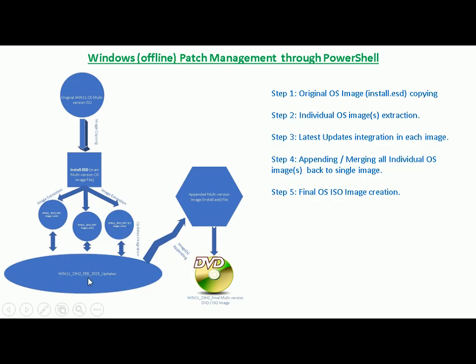Then I will be applying the Windows 11 February 2025 latest updates on all the 3 ones. So that means all the 3 images have been updated with the latest updates. Then I will be appending those 3 images again into a single ESD. All the 3 images, single ESD, and that single ESD I will be converting to ISO. And this ISO will be ready for Windows 11 Professional, Windows 11 Enterprise, and Windows 11 Enterprise IoT, in a single ISO.